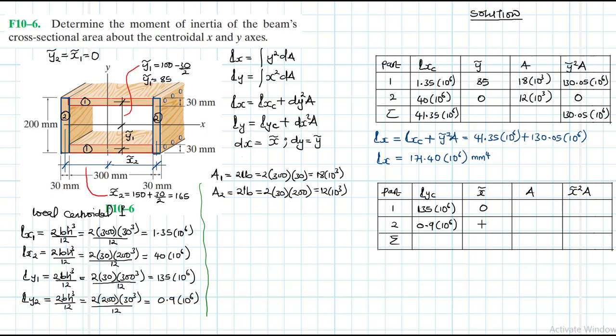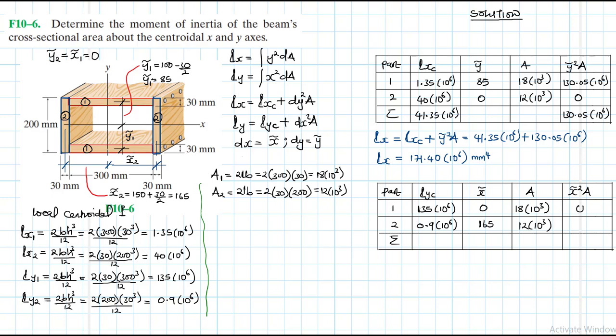X curled 2 is 165, that's 150, then half of 30. Then area does not change, it maintains 18 times 10 to the power 3 and 12 times 10 to the power 3.